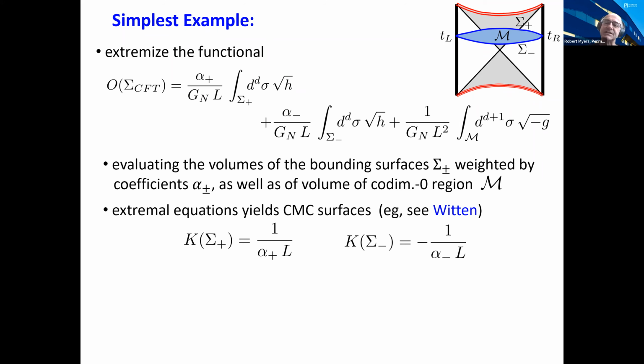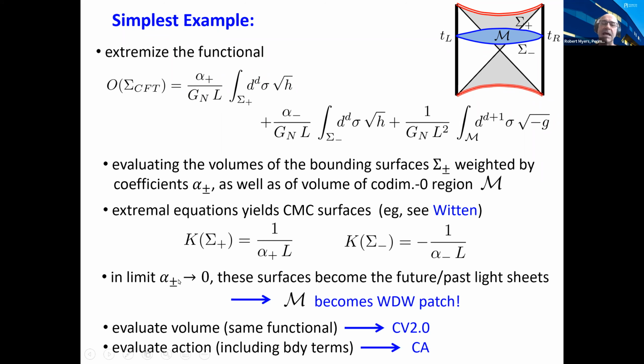Now, the interesting thing to make connections with what happened before is that as the alphas go to zero, these extrinsic curvatures are diverging, but what we're doing is pushing the surfaces to become future and past light sheets. In that limit, the region that we're picking out with this prescription becomes precisely the Wheeler-DeWitt patch.